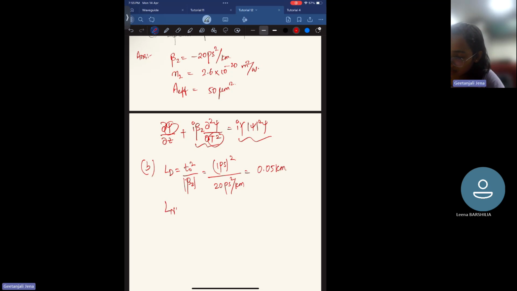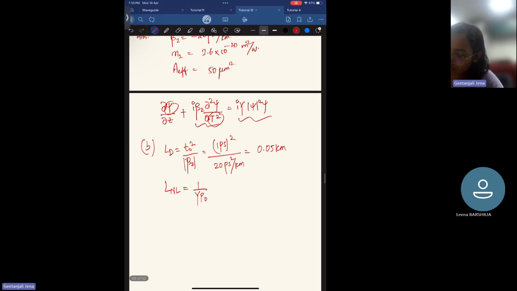And L_NL is 1 by gamma P0, so if you put in the values, gamma is K0 n2 over A effective, and K0 is nothing but 2 pi over lambda, where lambda is given as 1550 nanometer.